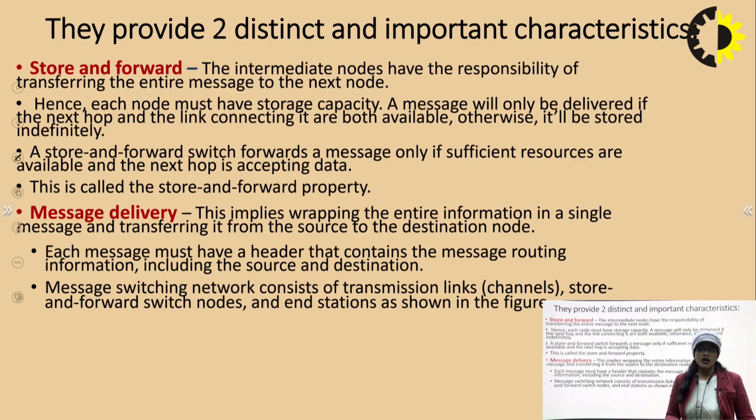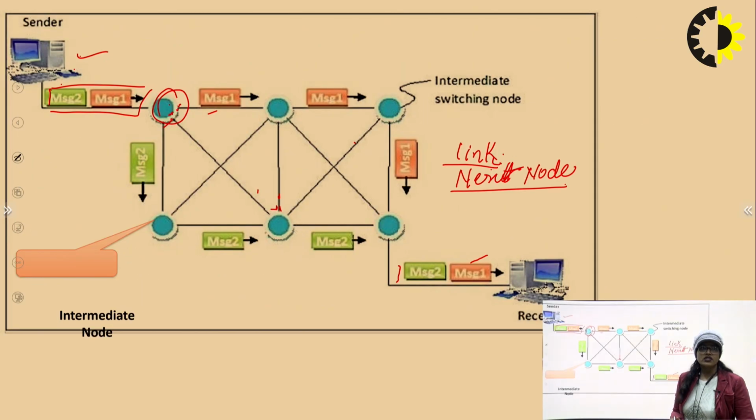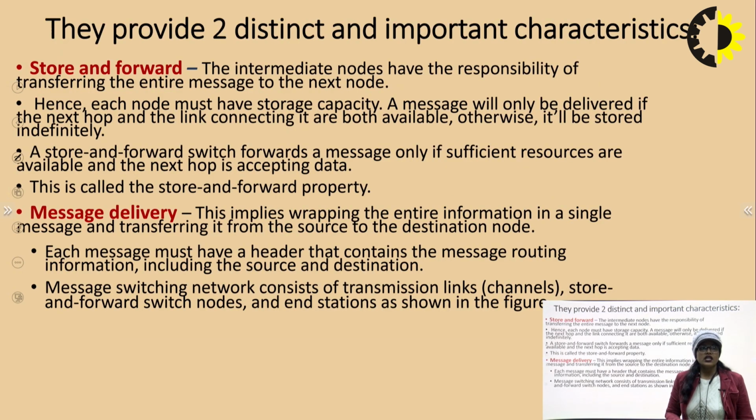This is another condition in message switching, because if a node does not have the capacity to store the data, it is not capable, and there may be a chance of data loss. So each node must have storage capacity, and a message will only be delivered to the next node, or next hop, when the link and the next node are both available.